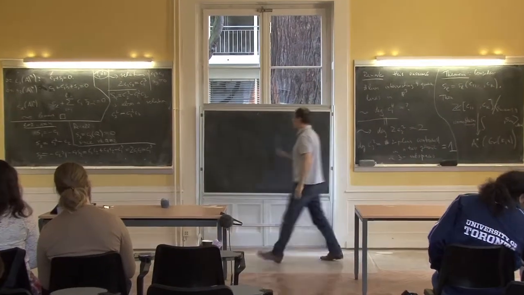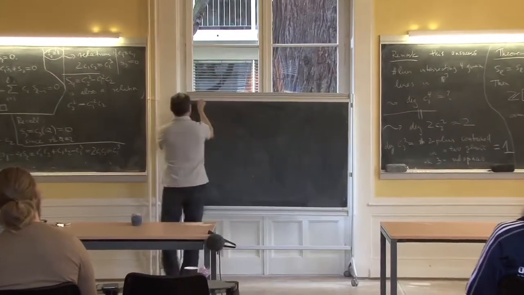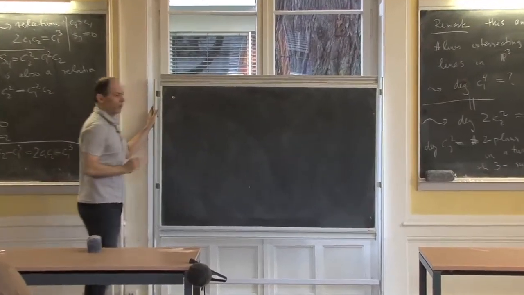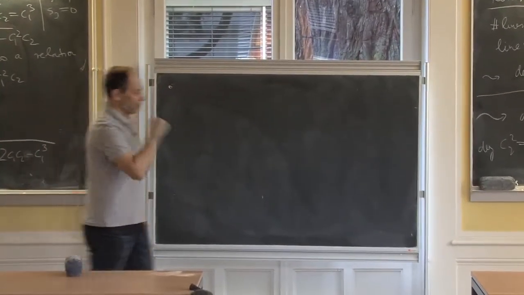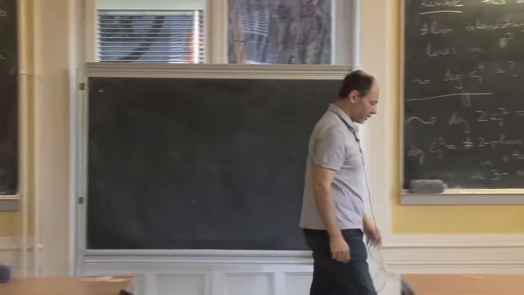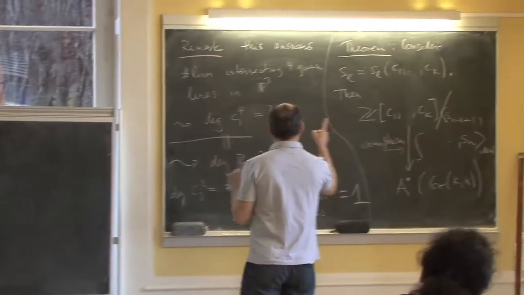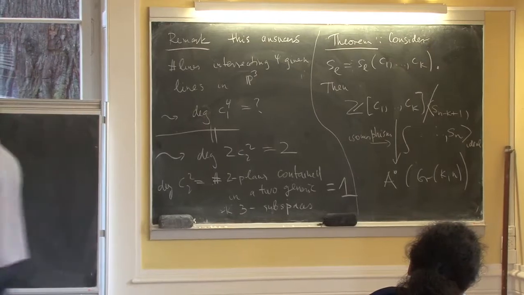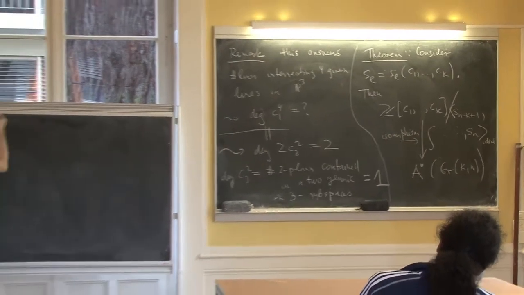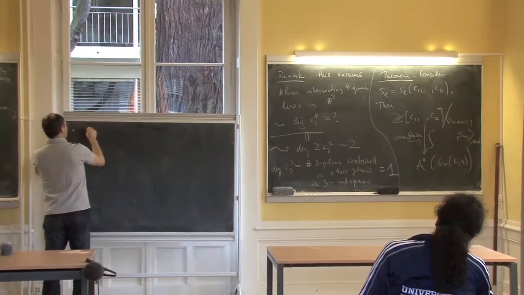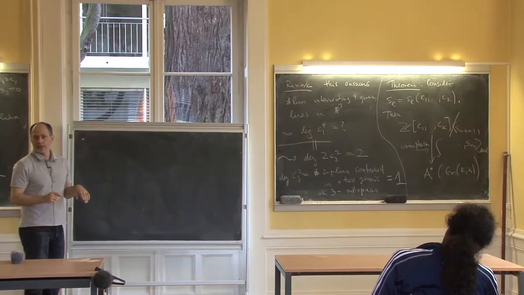So, well, first, maybe before even that, the relation between these S's and these classes and the Schubert classes, what do we call them, the sigma A?